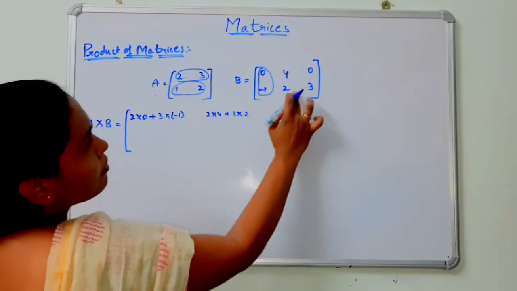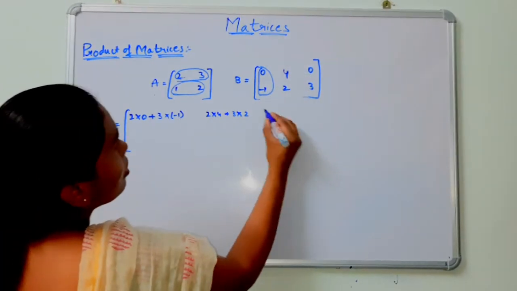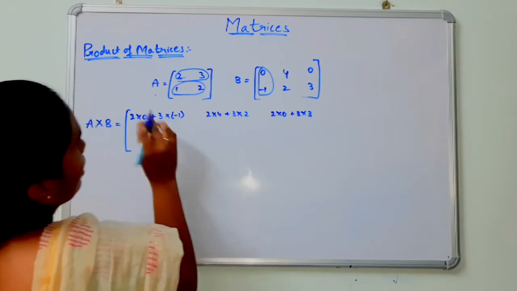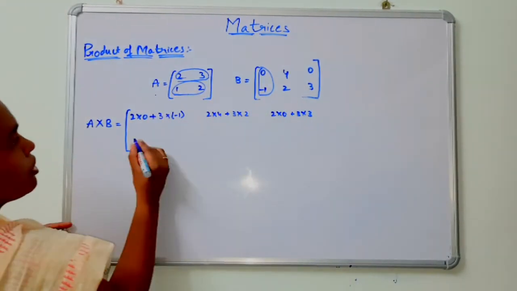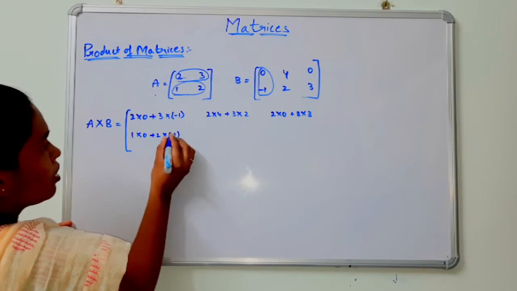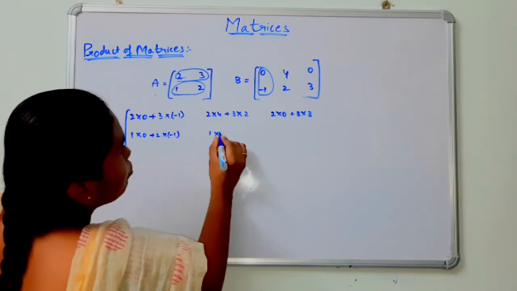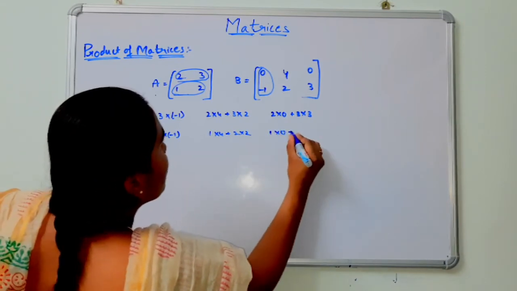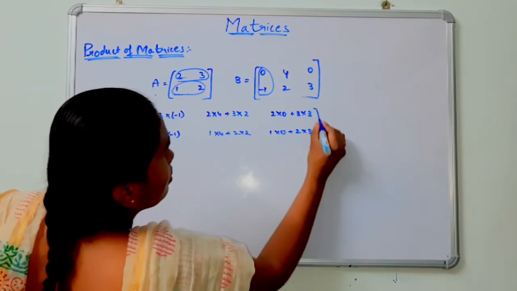Each row I am multiplying with each column. And next the third column: 2 into 0 plus 3 into 3. Next the second row with each and every column: 1 into 0 plus 2 into minus 1, and 1 into 4 plus 2 into 2, and 1 into 0 plus 2 into 3.